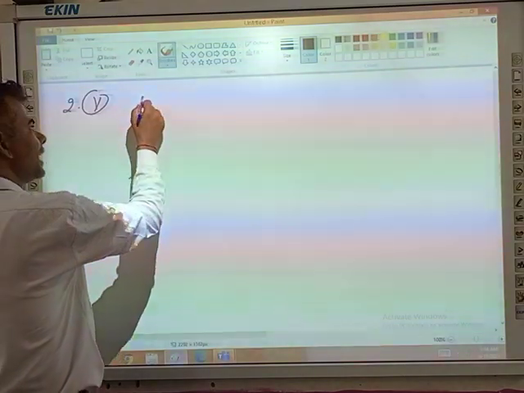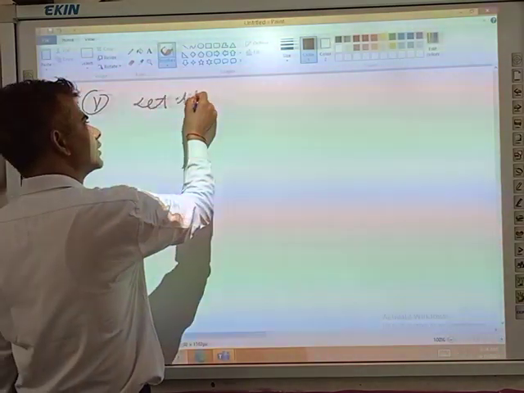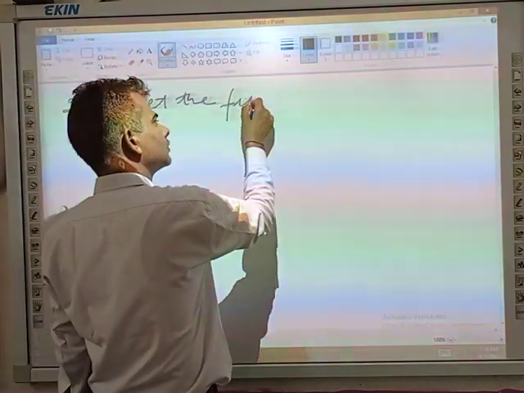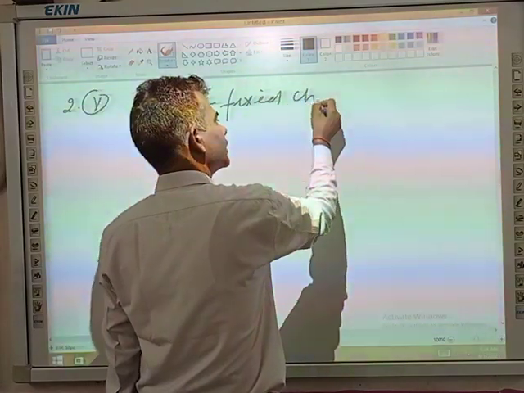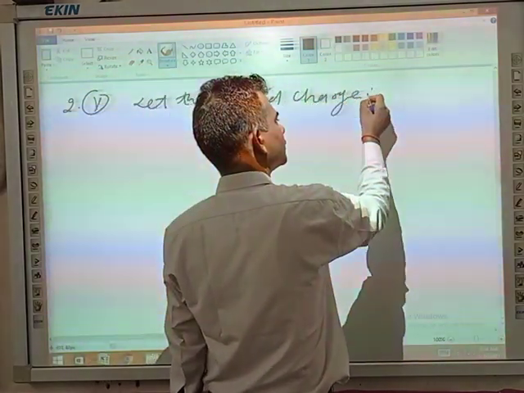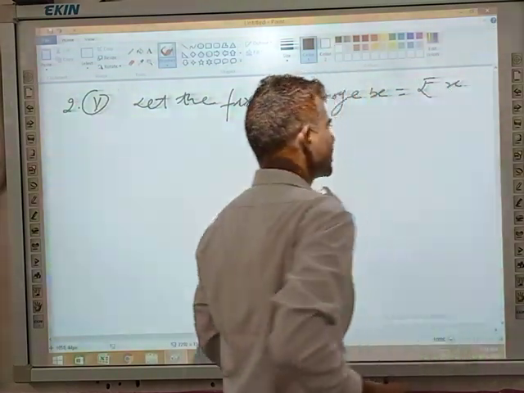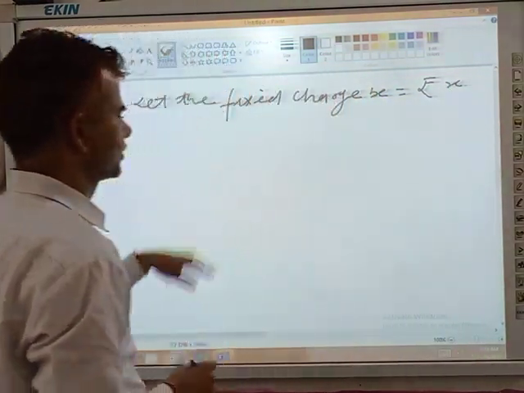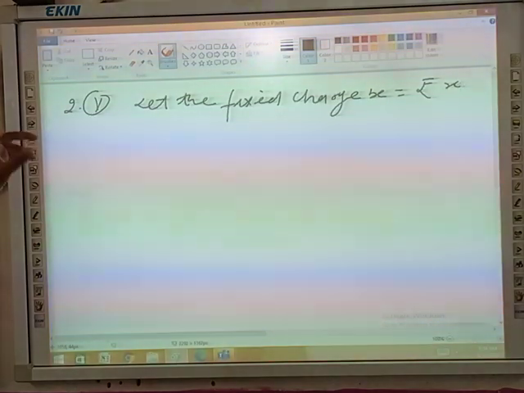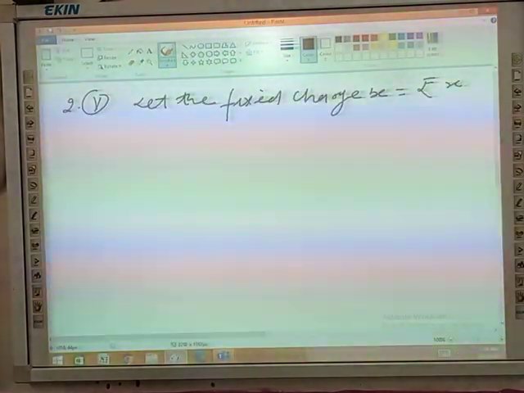Students, let the fixed charge be rupees x. This is the fixed charge for the first 3 days.